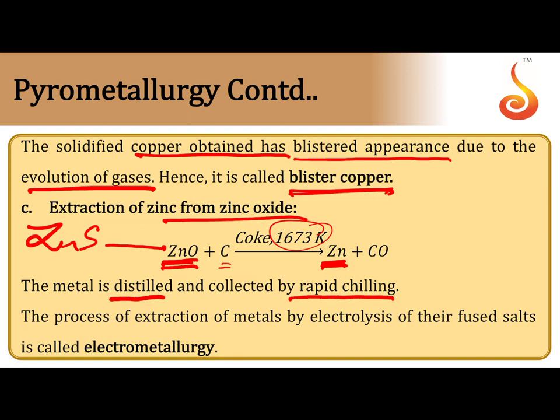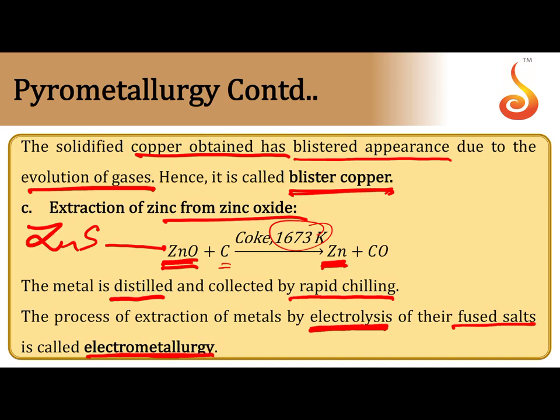The process of extraction of metals by electrolysis: if a reducing agent is not suitable for such metal oxides, the metal is extracted by electrolytic reduction. Electrolysis of their fused salts is called electrometallurgy.